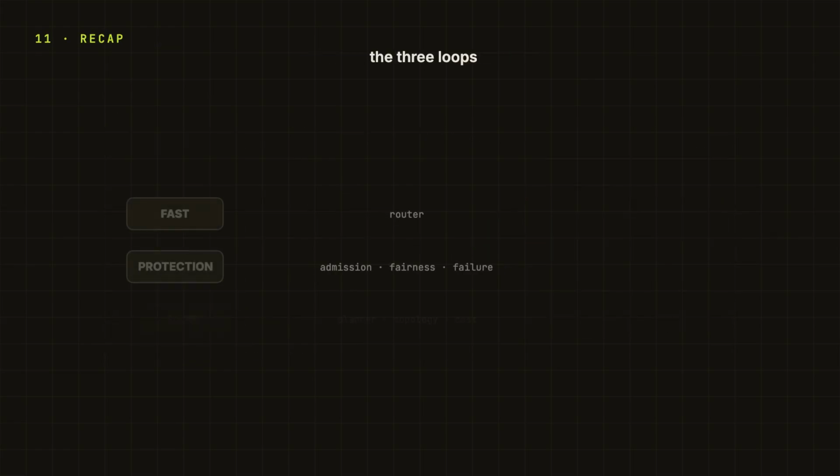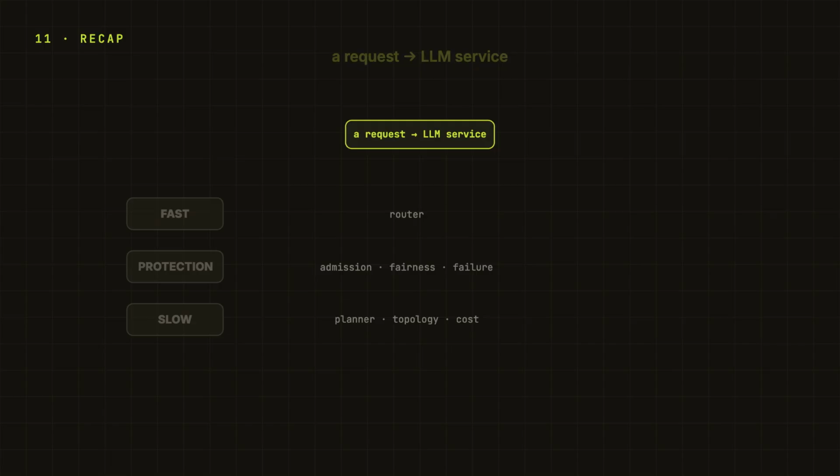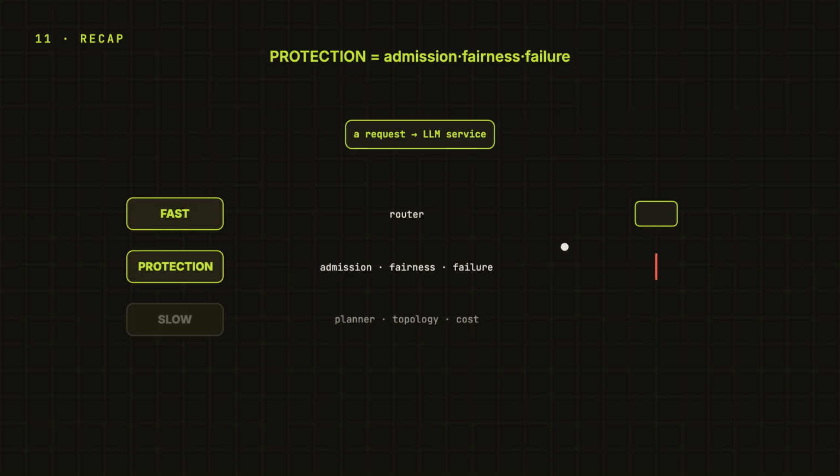So let us pull the whole thing together. And it's exactly the three loops we started with. When a request hits an LLM service, the platform is not really finding a free GPU. It's running these three loops at once, each one protecting something different. The fast loop is the router, pricing every request and picking the least bad worker, cache reuse against load. The protection loop is the fleet defending itself, saying no under overload, sharing fairly in tokens, not requests, and surviving a dead GPU before a retry storm takes the rest down.